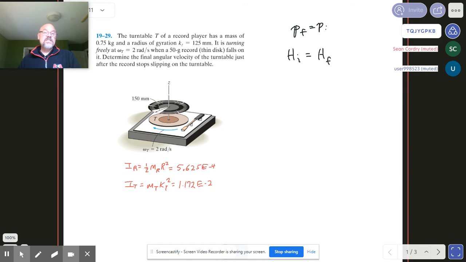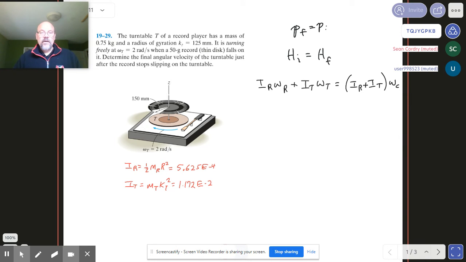So initially I've got two objects. We're going to have here the moment of inertia for the record, whatever its angular velocity happens to be, plus the moment of inertia for the turntable, its velocity. And then we're going to have some combined moment of inertia, I_R plus I_T, and that's going to go onto some combined velocity term like that.